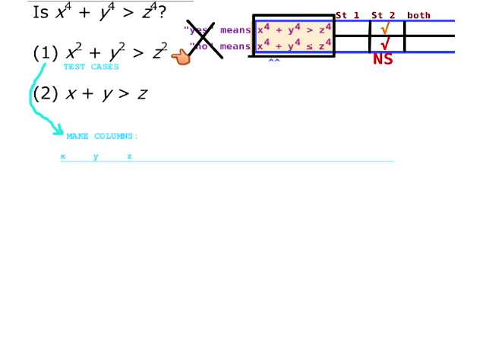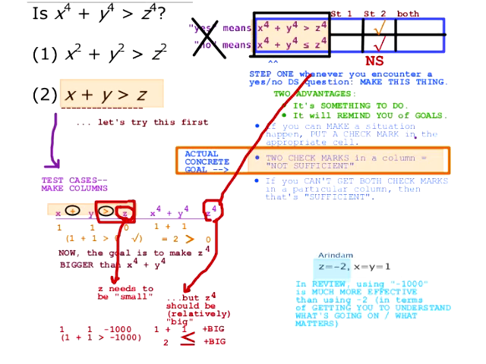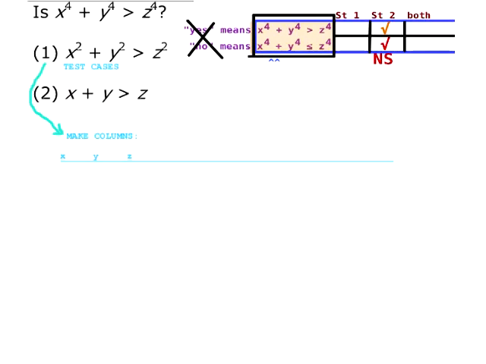You need to check that these things are true, because this is not trivial. In the last one, you could just look at x plus y and look at z and make sure that this was true. You didn't need separate columns for that. But here you need to check that the condition actually holds. So you should check that x squared plus y squared is actually greater than z squared.